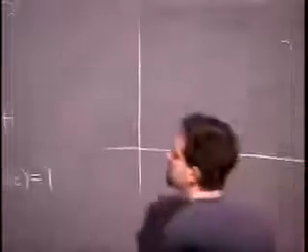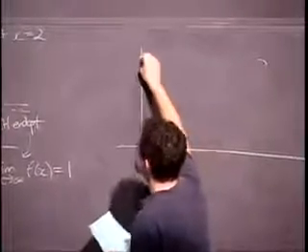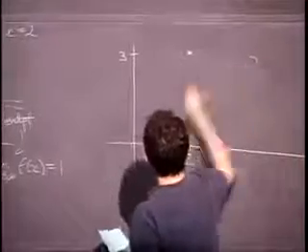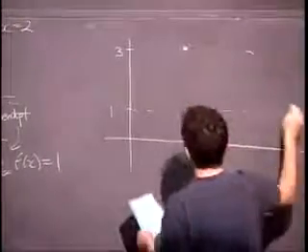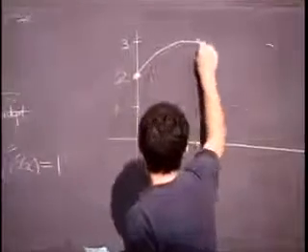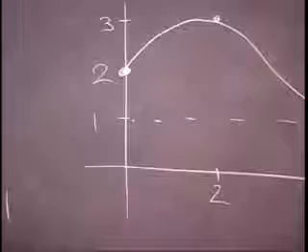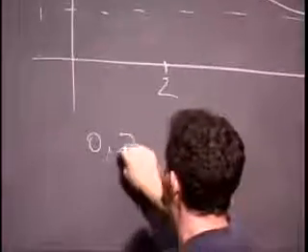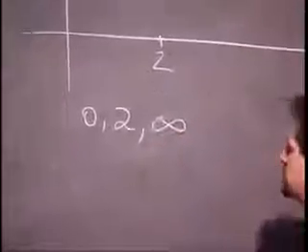If I just change the picture a little bit, suppose it still has this maximum up here, it still has this horizontal asymptote, but it starts at a height of 2. If we try to repeat this, we again have 0, 2, and infinity as our endpoints.